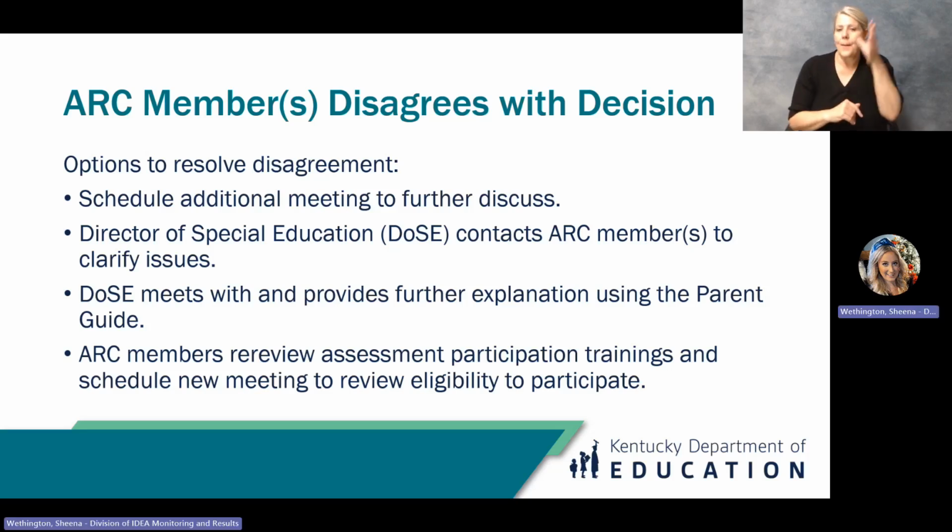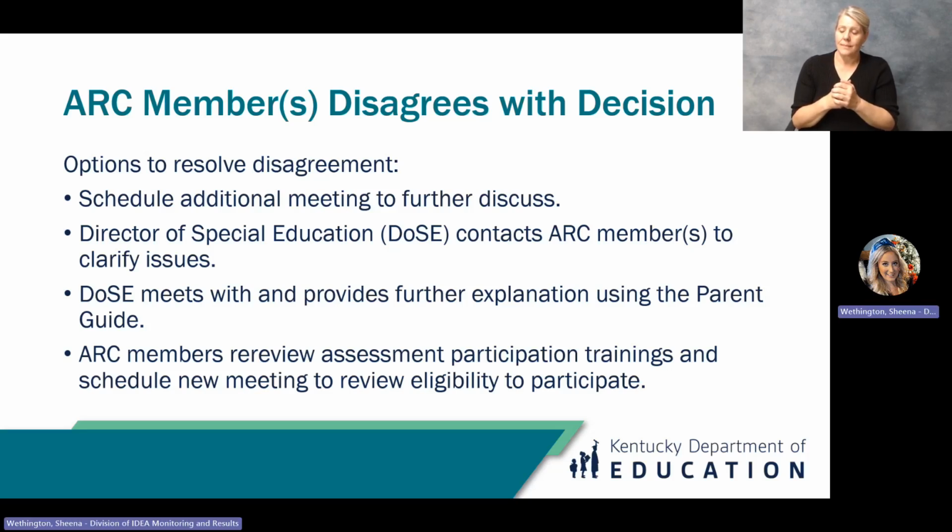Sources for the parent to contact to obtain assistance in understanding Part B of the IDEA, a description of other options the ARC considered and the reasons why those options were rejected, and a description of other factors relevant to the district's proposal or refusal.